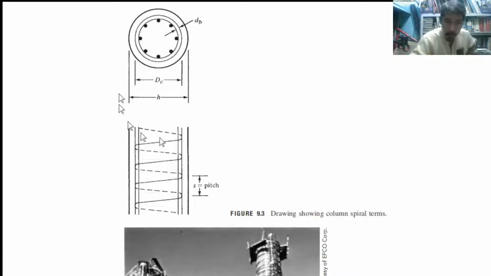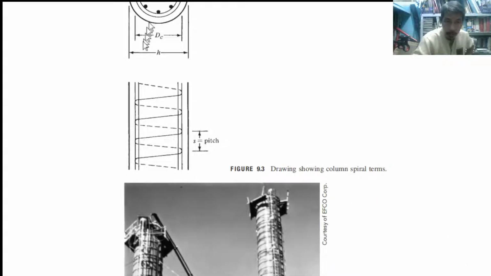So this is the spiral type over. Notice the spiral steel is outside the longitudinal bars. Okay. Pitch is equal to S. So that is the spiral pitch distance. So H is the diameter, DC is the concrete cover, no?